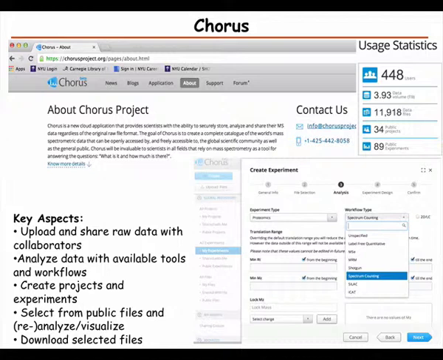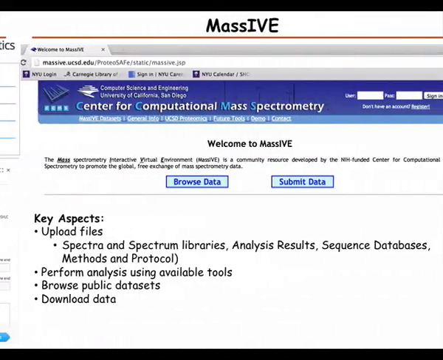Not if you do very special analysis, but if you do some standard pipelines, and they're adding more and more pipelines there. And the nice thing is that you can use this both as an analysis platform, and then when you're ready, you can make it public very easily, that part of the data that you want to make public. So this is something that's been growing more and more lately.